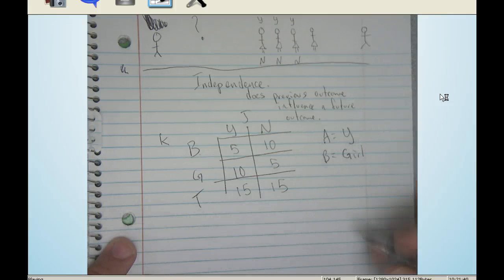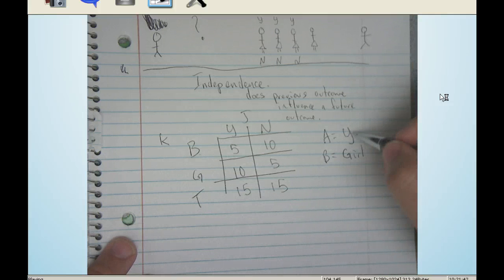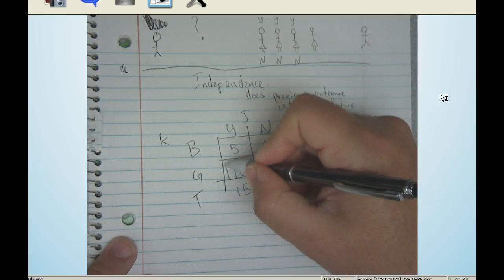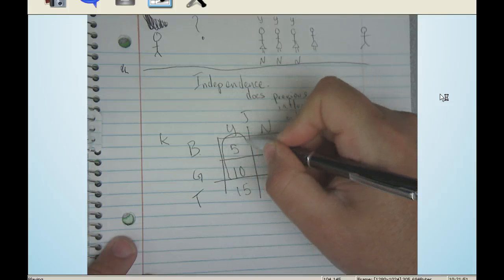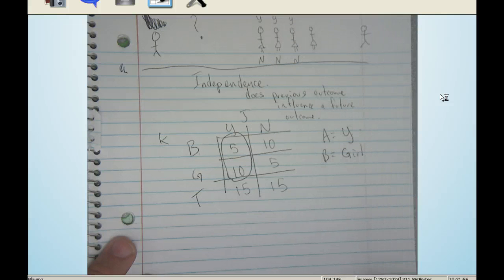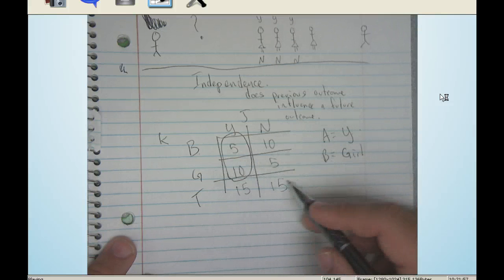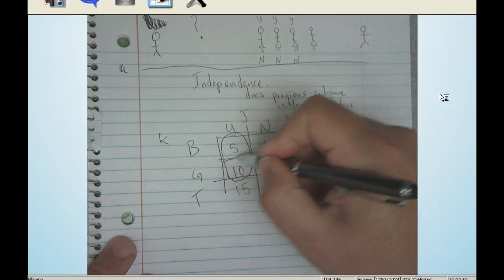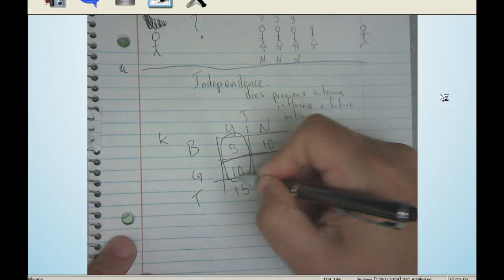Okay, so now let's circle our subsets. All of the responses that are yes are in set A. All of the girls, all the girls that were asked, is set B.